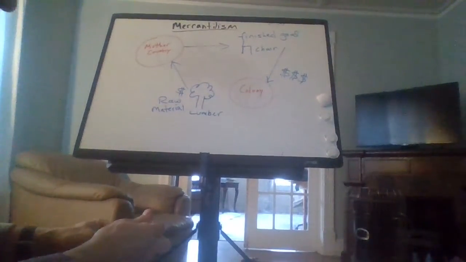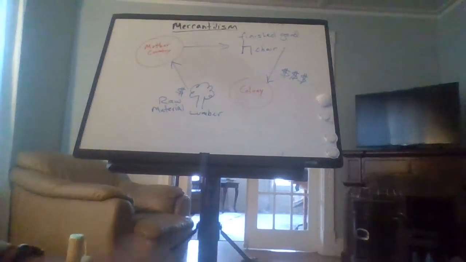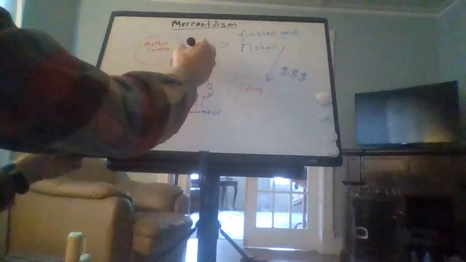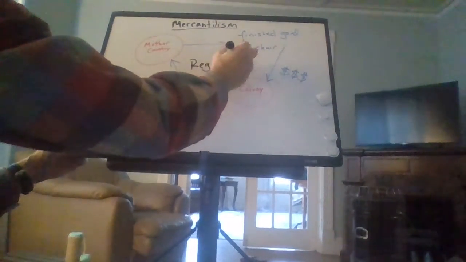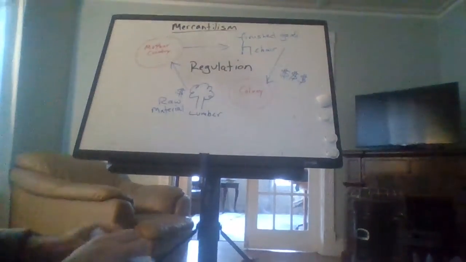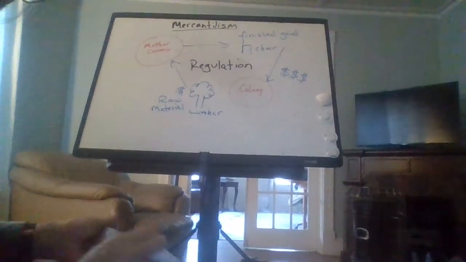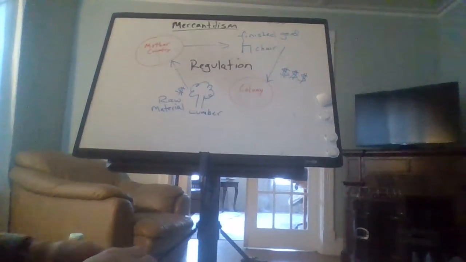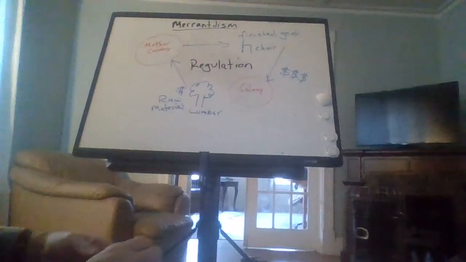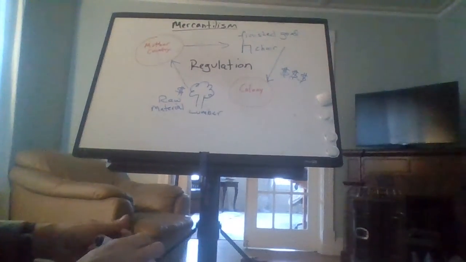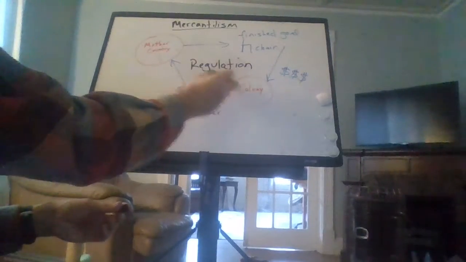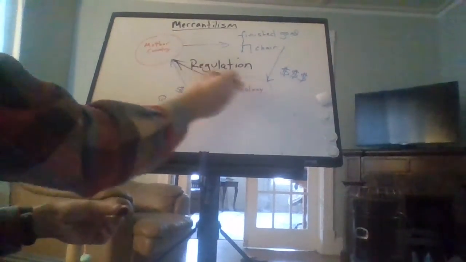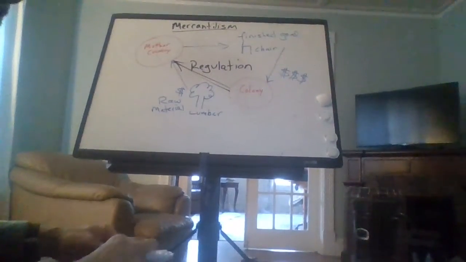Now, there's one more part that's required for mercantilism to exist, which is regulation. All right, and that means rules. So this economic system has rules. And the number one rule for mercantilism is that the colony can only trade with the mother country.